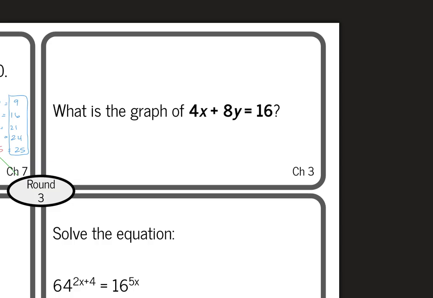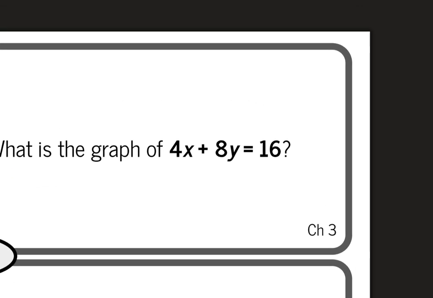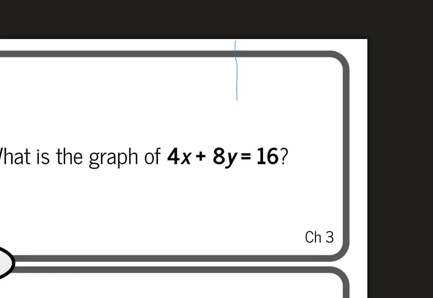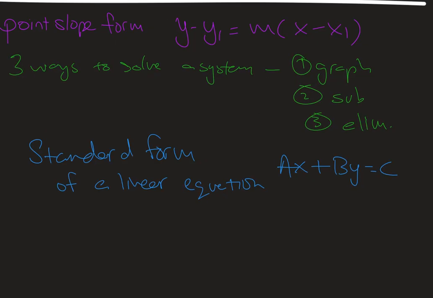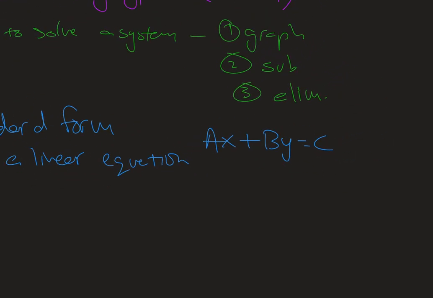What is the graph of 4x plus 8y equals 16? Well, I used to hate standard form, because this is standard form. In fact, I'll probably add that to our list over here. There it is, standard form of a linear equation. Ax plus by equals c.